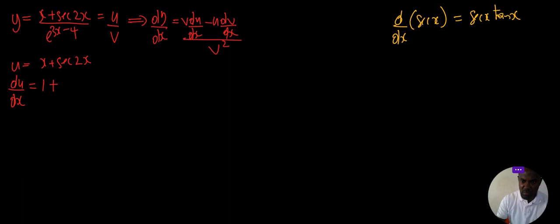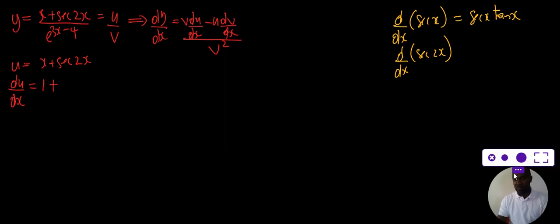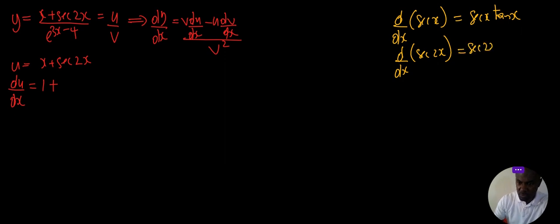if you recall, when you differentiate sec x, we get sec x tan x. But of course, here we're differentiating sec 2x. This is a composite function in sec. So the first part is to write down sec 2x tan 2x.